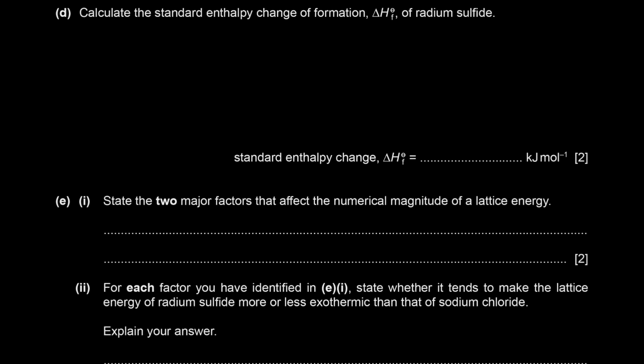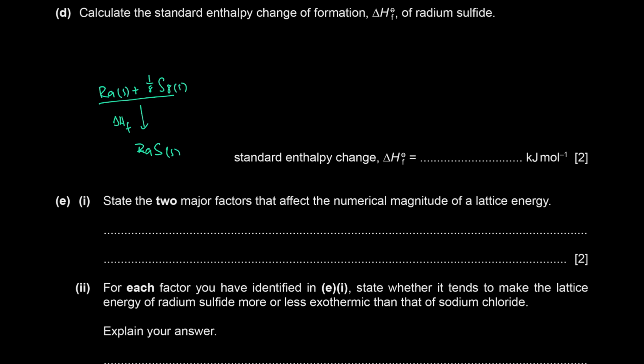Calculate the standard enthalpy change of formation of radium sulfide. So what we have here is radium sulfide. So we have radium plus sulfur, and radium sulfide over here is RaS. So we have 1 over 8 S8. We have to calculate this delta H of formation, to form the solid from the constituent elements.